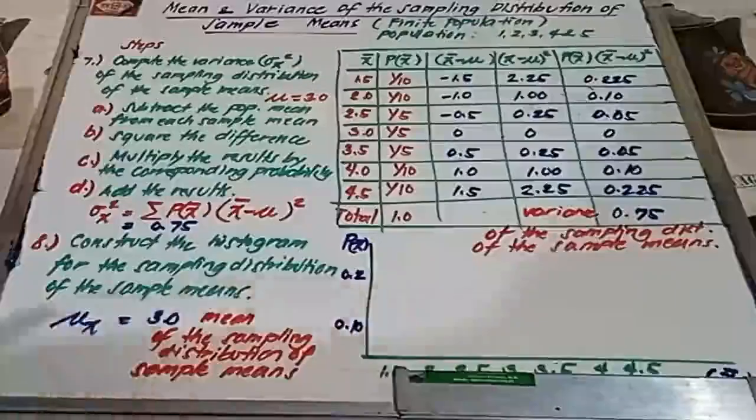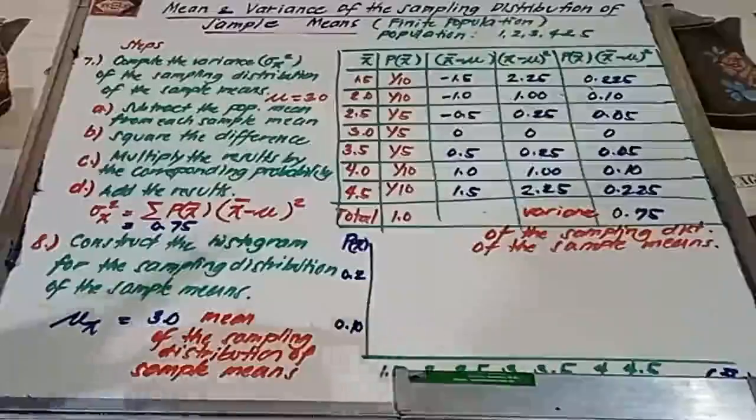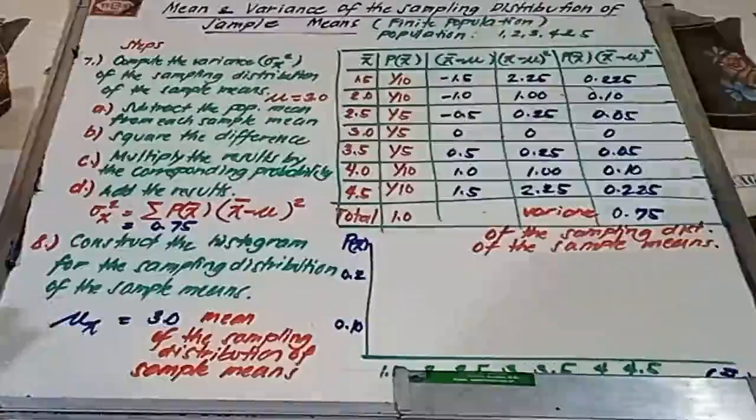So, ibig sabihin, na-compute na natin yung mean and variance ng sampling distribution of the sample means.